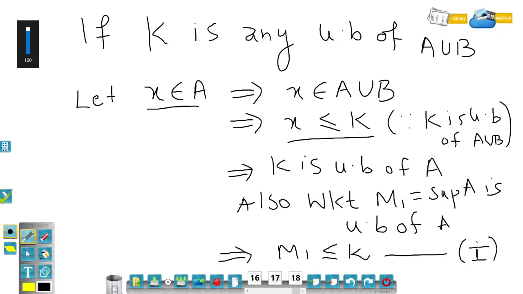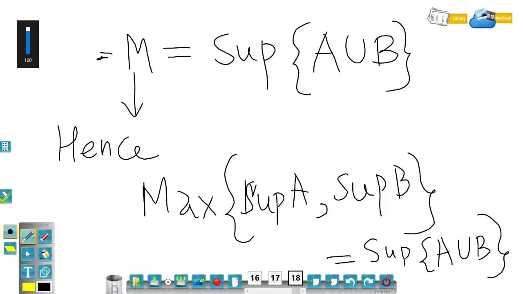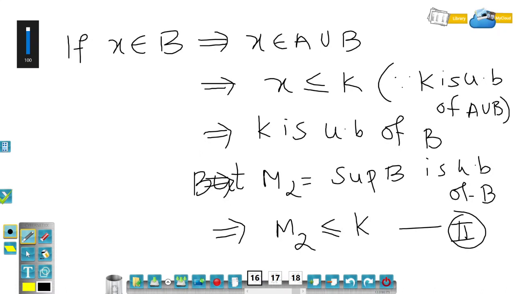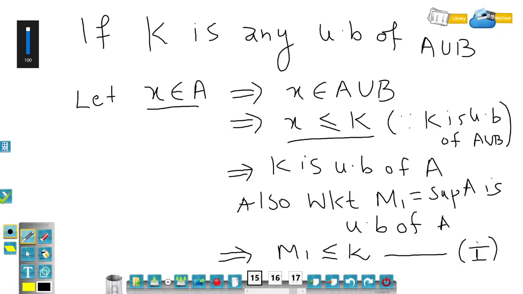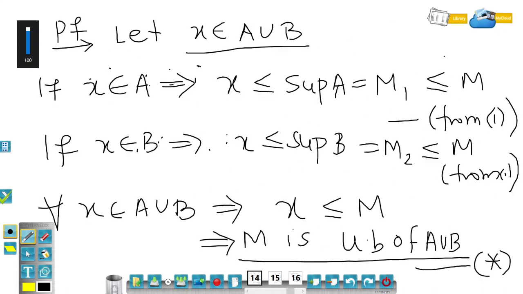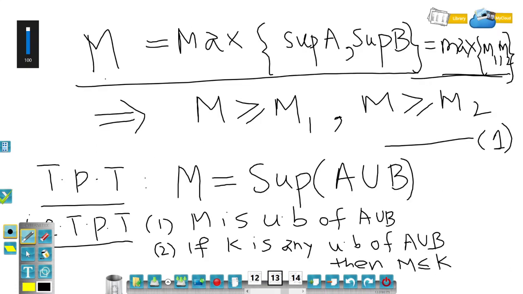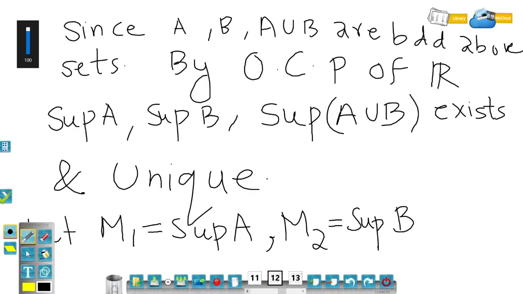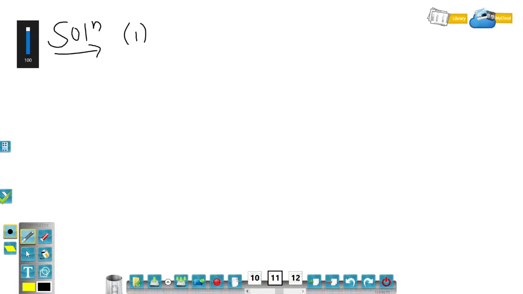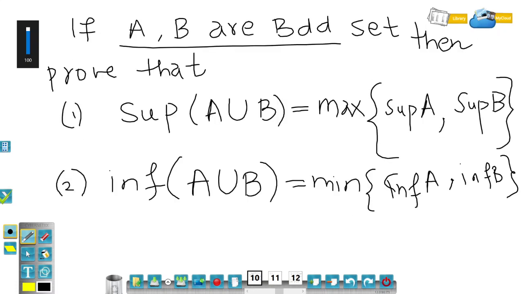So the other part I'm just searching for that slide, give me some time. Yeah, so this I will keep as homework. You try to do it.